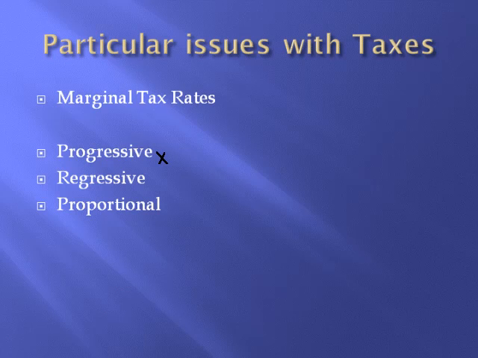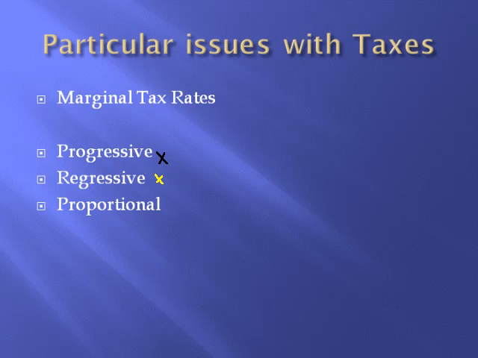Not all taxes, however, are progressive. Some taxes are regressive. A regressive tax is a tax where as you make more, you pay a smaller percentage of your income in tax. An example of this would be the Social Security tax. Up to about $100,000, give or take, people pay the same percentage of their income for Social Security tax. Beyond that, your additional tax or your marginal tax rate is zero.